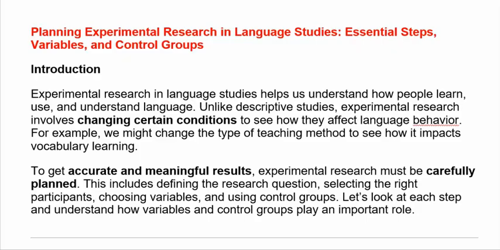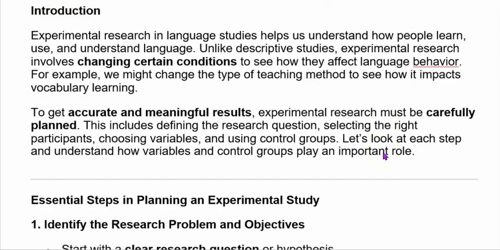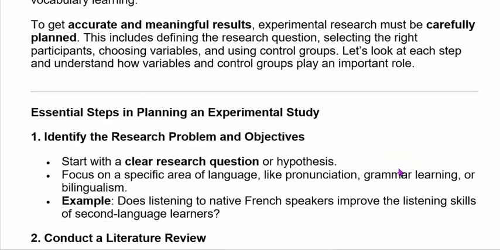To get accurate and meaningful results, experimental research must be carefully planned. This includes defining the research question, selecting the right participants, choosing variables, and using control groups. Let us look at each step and understand how variables and control groups play an important role.